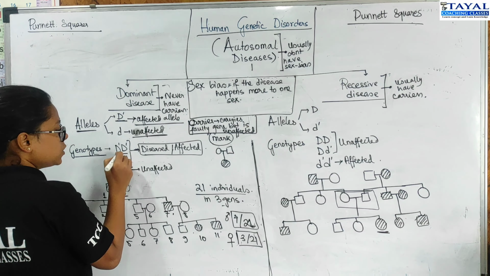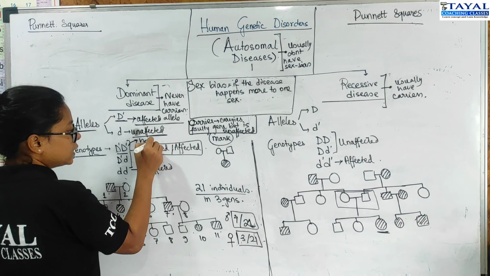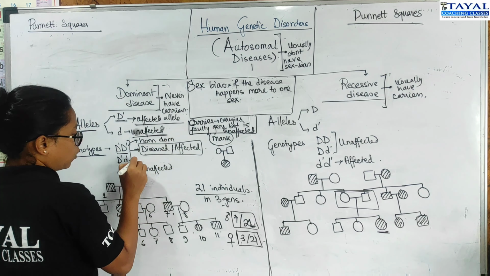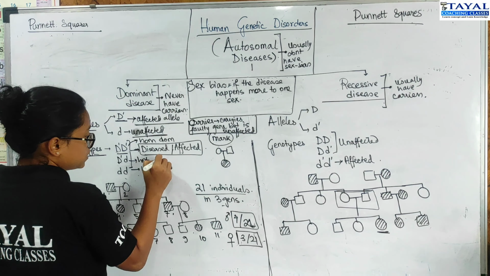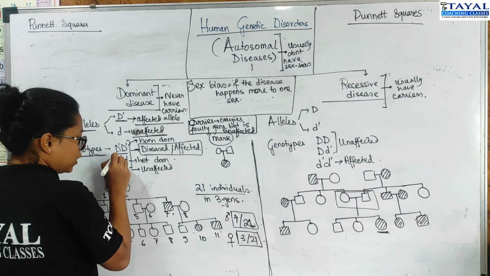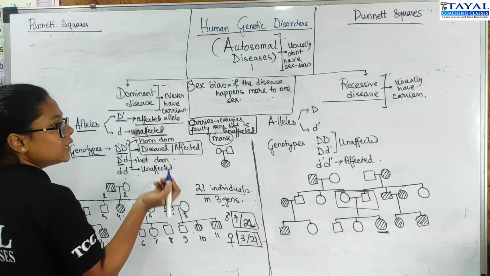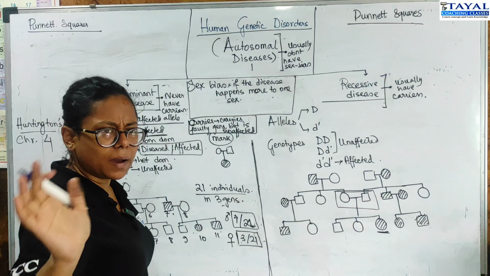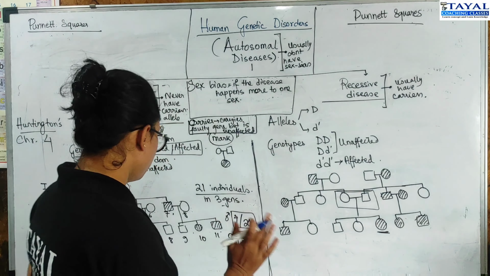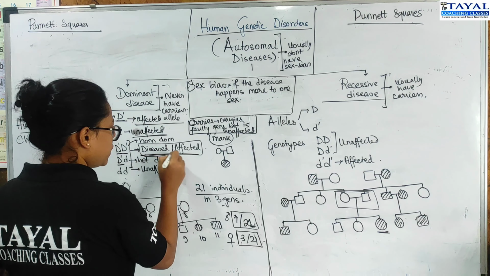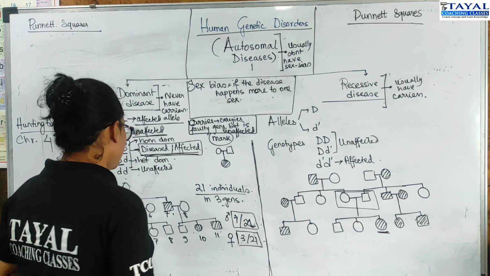Then genotypic combinations could be a homozygous dominant or a heterozygous dominant. But if even one copy of the affected allele is present, as it is dominant by the law of dominance, it will be affecting the organism. Am I right?